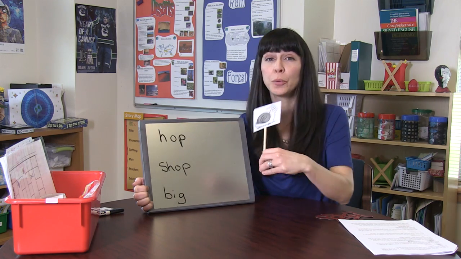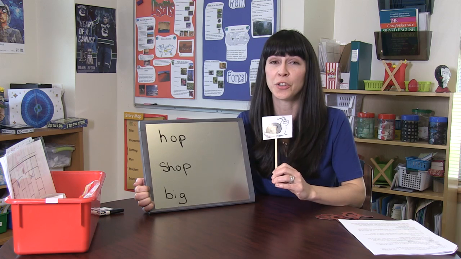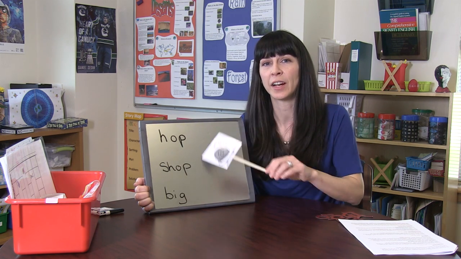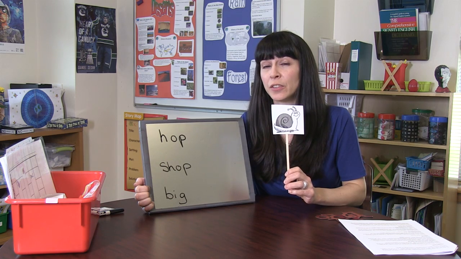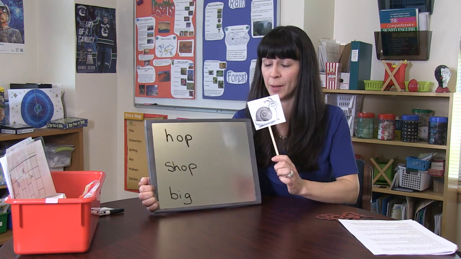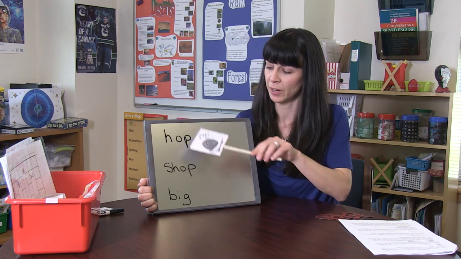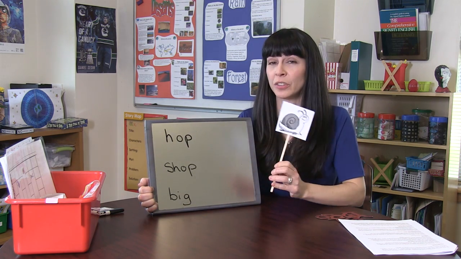Another alternative that you could do with this game is where you become the snail talker and you say the sound really slowly, and then the students need to select the word that they think you are saying. So for example, I might say b, i, g, and they would have to choose which word I'm saying or segmenting.